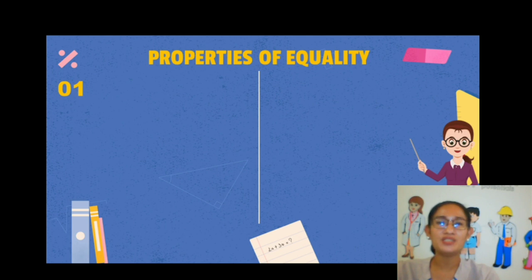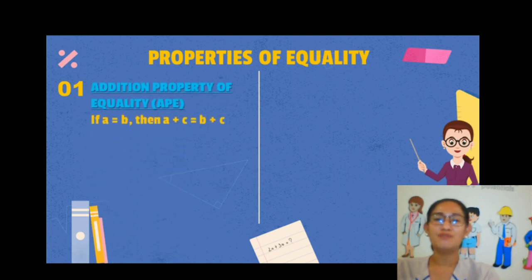Today we are going to study the properties of equality and inequality. First, let's discuss the equality. The first property of equality is the addition property of equality.